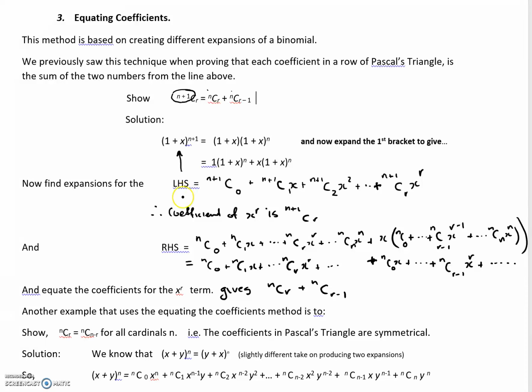So taking the left-hand side and completing the expansion is pretty straightforward.